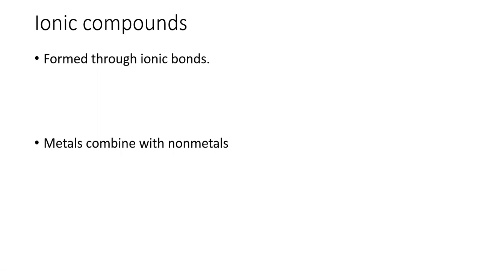Now, if you have a compound that is formed through ionic bond, that compound is known as an ionic compound. So if you have sodium chloride, this is an ionic compound.